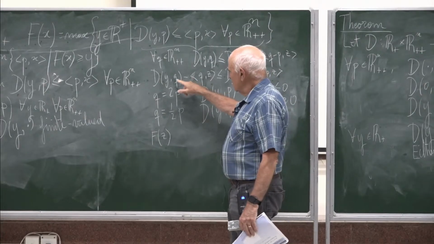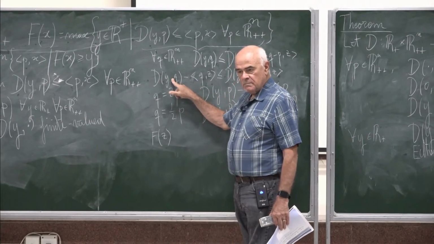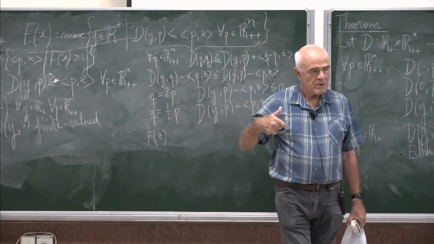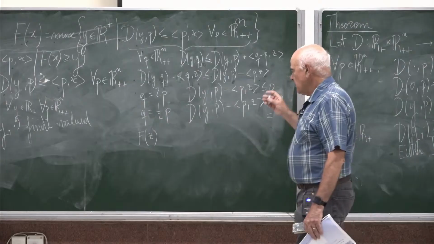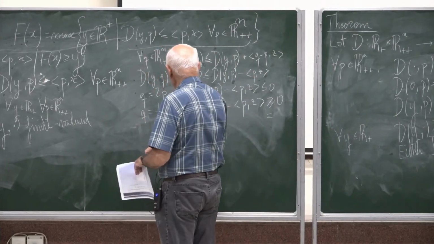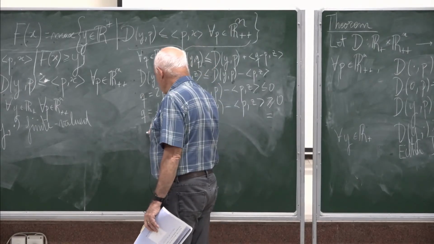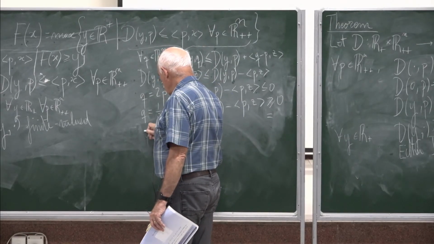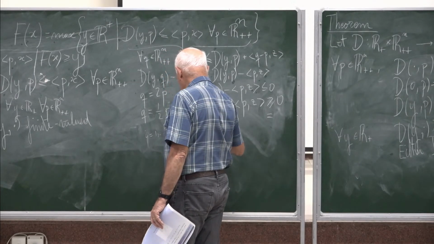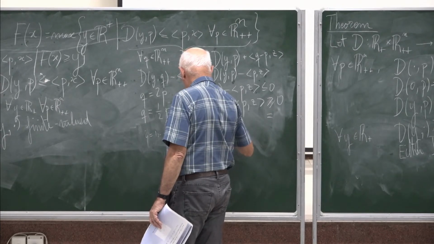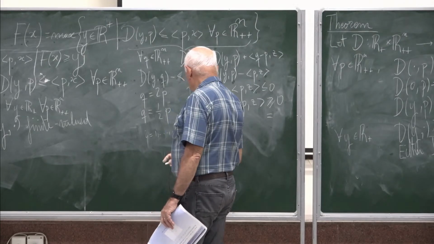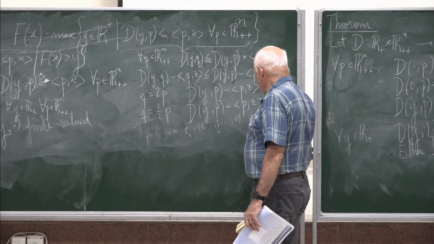Then consider any q and multiply it with an arbitrarily large lambda, or let's say, no, it's better to say the following. Consider the vector for i from 1 to n. Consider the unit vector ei. And lambda positive.